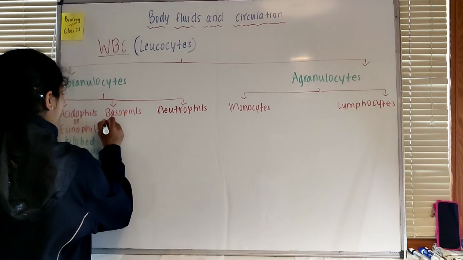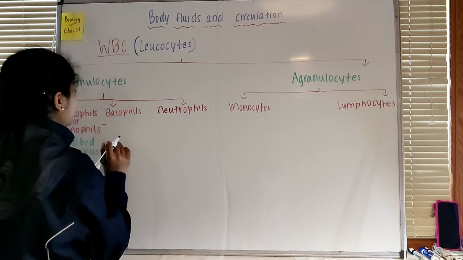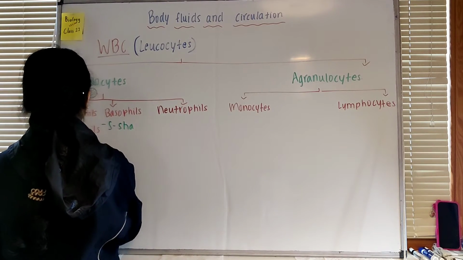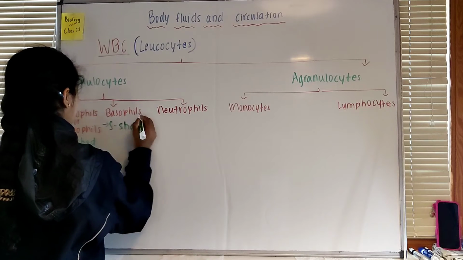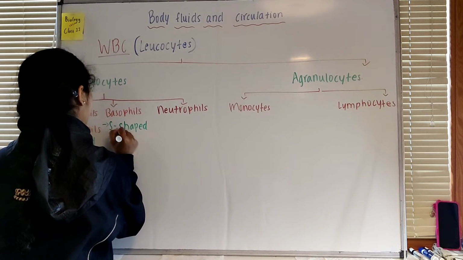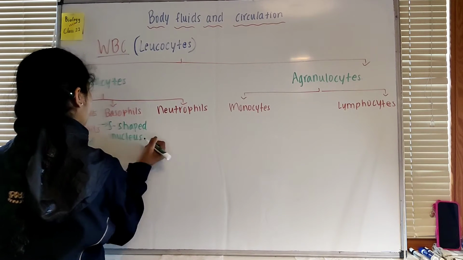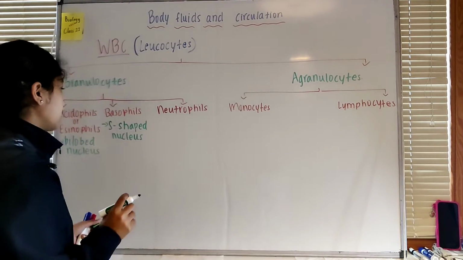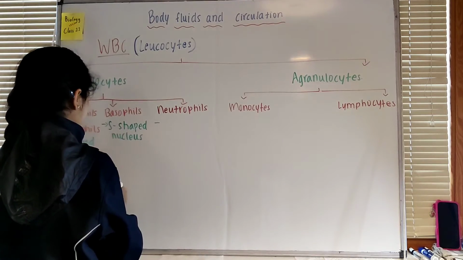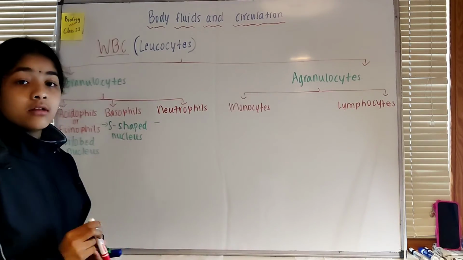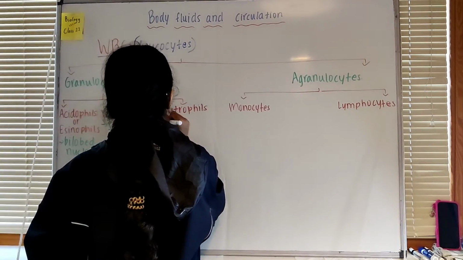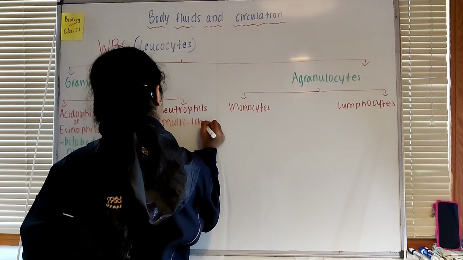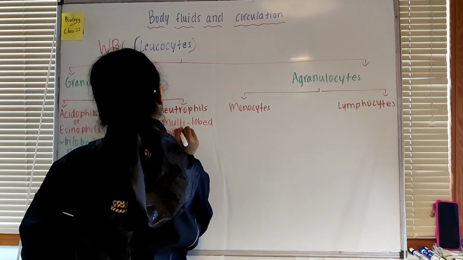Basophils have a three-lobed nucleus or S-shaped nucleus. Neutrophils have a multi-lobed nucleus.